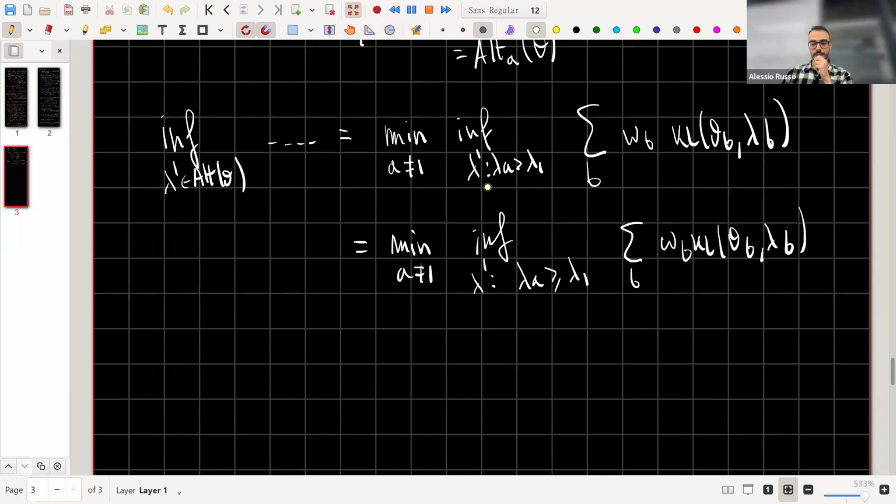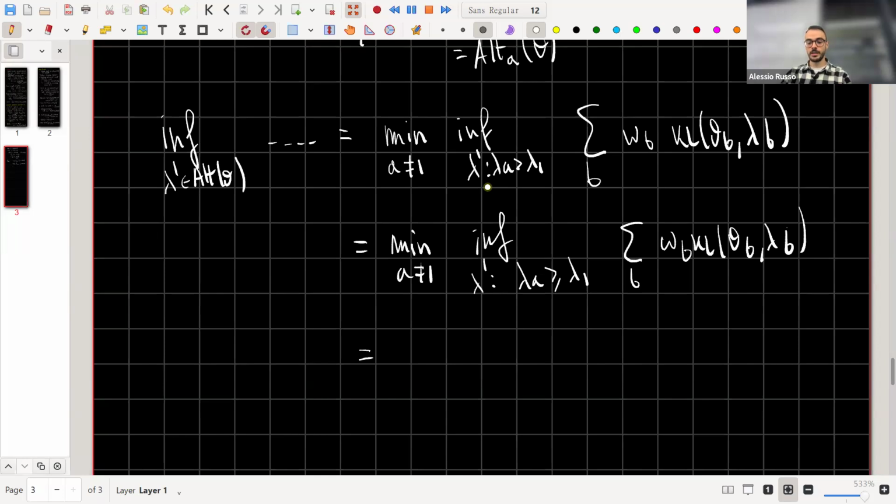Intuitively, this constraint only forces lambda A to be bigger than lambda 1, but for all the other values, there is no constraint.